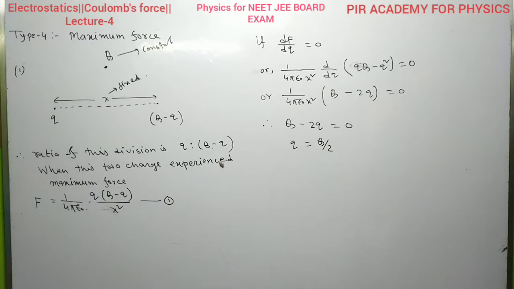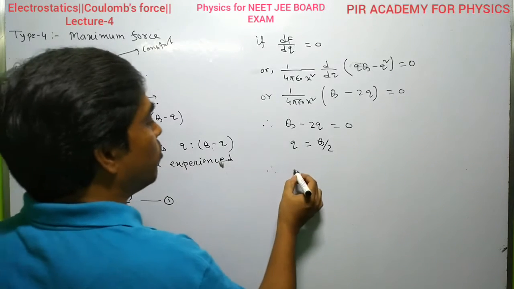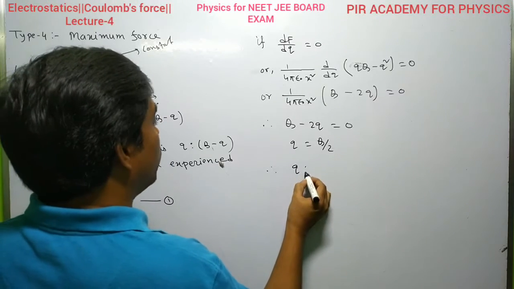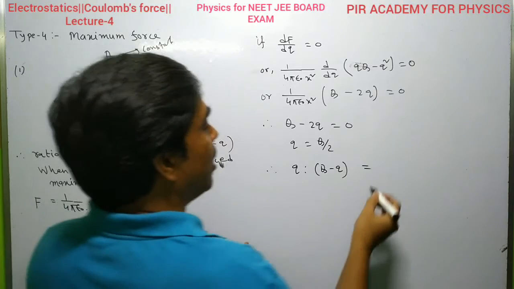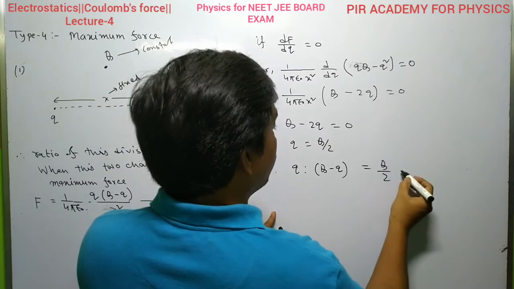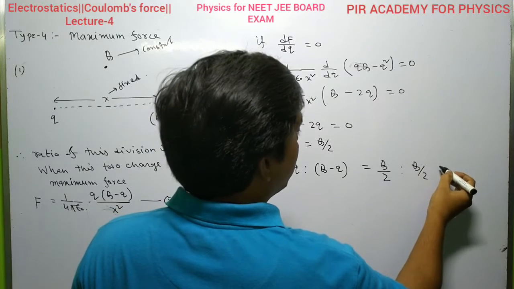So if this charge Q is divided, q is to Q minus q will be Q by 2 is to Q by 2. That means 1 is to 1.